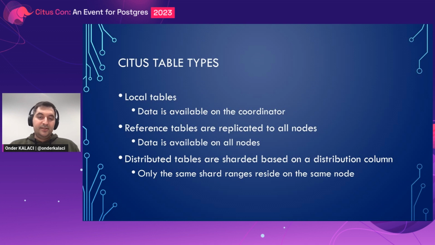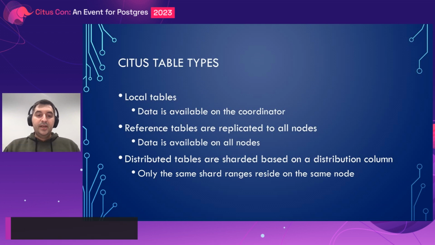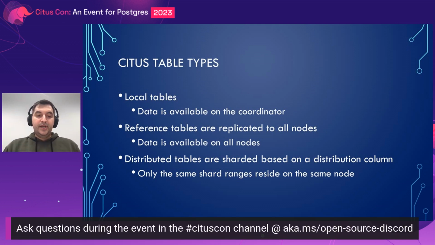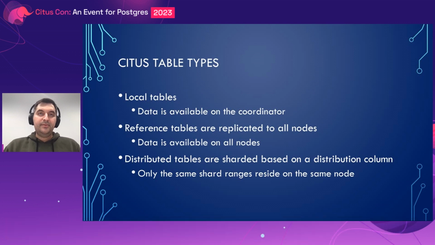Okay, let's now talk a little bit more about Citus-specific concepts, just to remind you, so that we can talk about different trade-offs of foreign keys in Citus. Citus supports three different table types. The first one is local tables, which are just regular Postgres tables where the data is available on the coordinator. So there's really not much involvement of the workers.